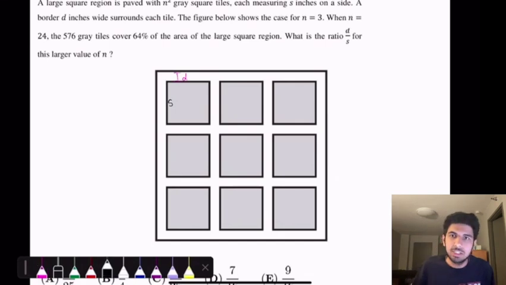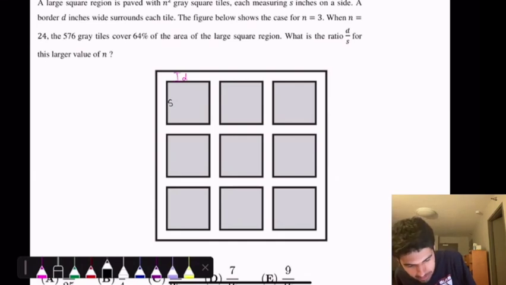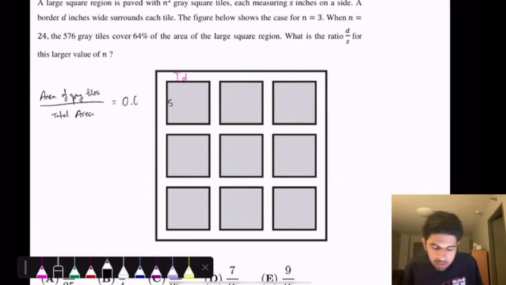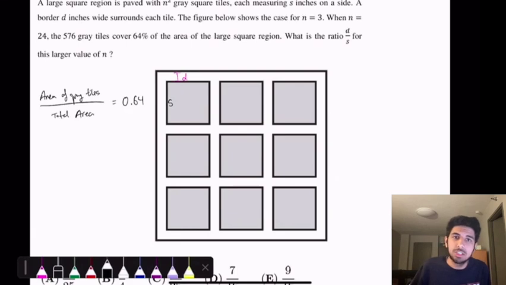When we're dealing with percentages, the numerator is the quantity that we're interested in, and the denominator is the total quantity. So in this case, the area of gray tiles divided by the total area is going to be equal to 0.64 in the case when n equals 24. And we're asked to find the ratio d over s for this value of n where n equals 24.